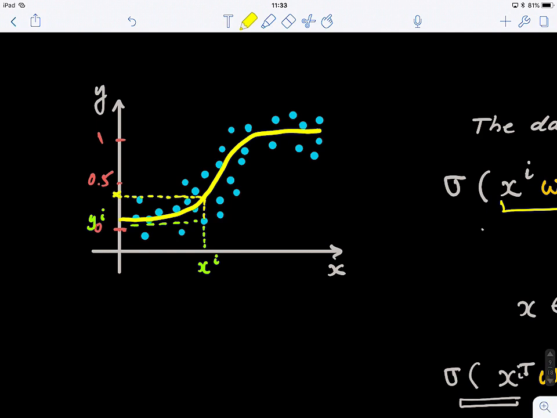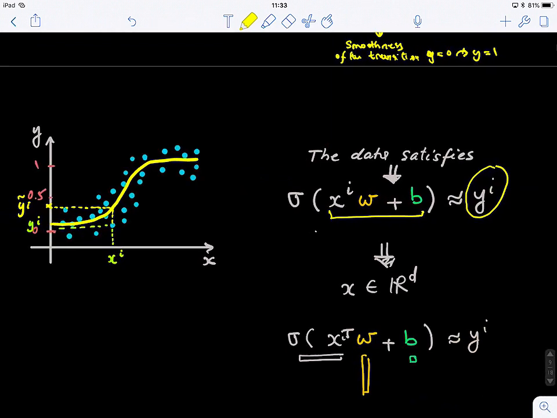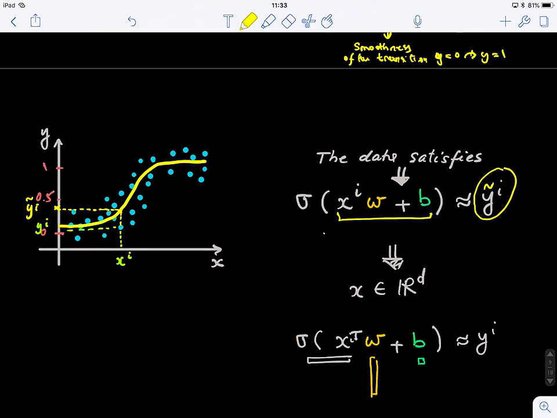So the prediction is right here, equal to the sigmoid of this point, of this x_i W plus b, our new point, but we assume that the ground truth is very close to, or can be approximated by, this sigmoid function. So it's exactly the same concept.